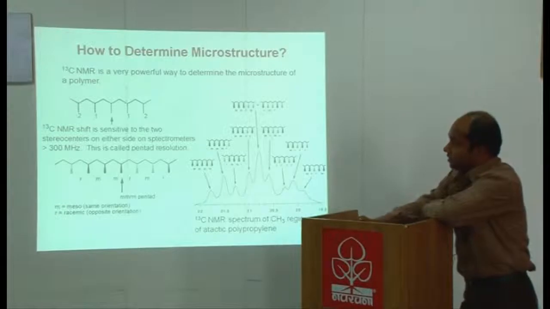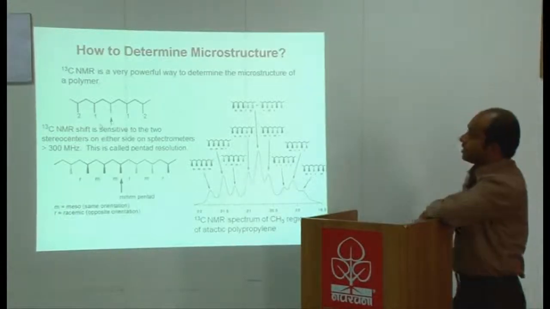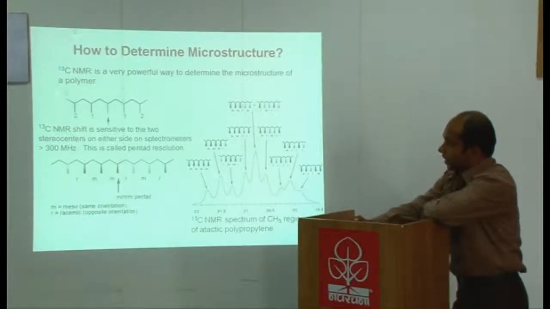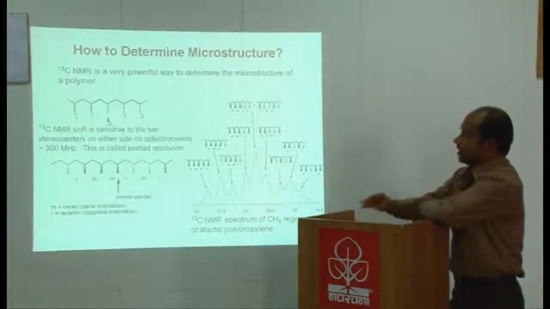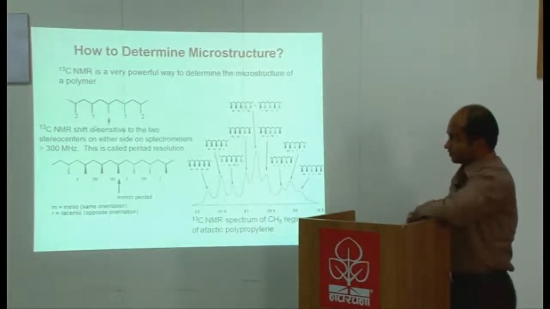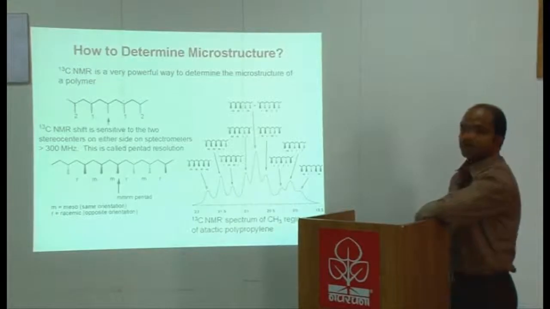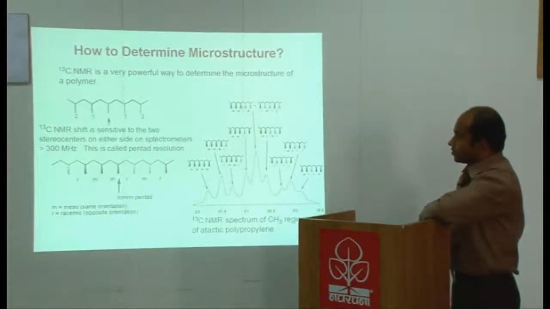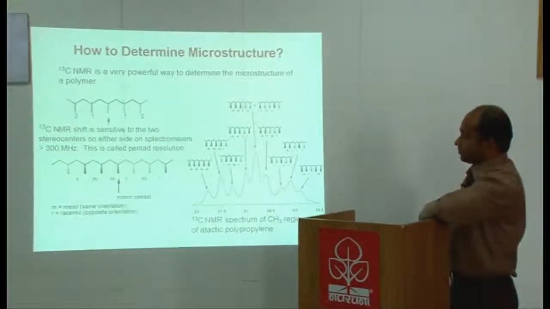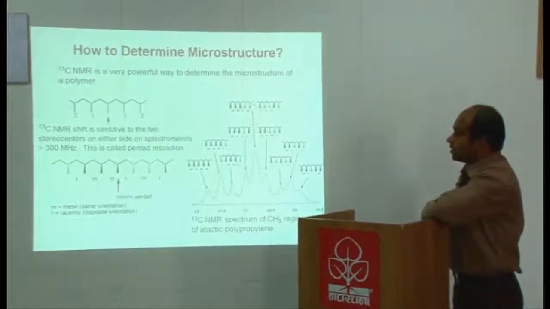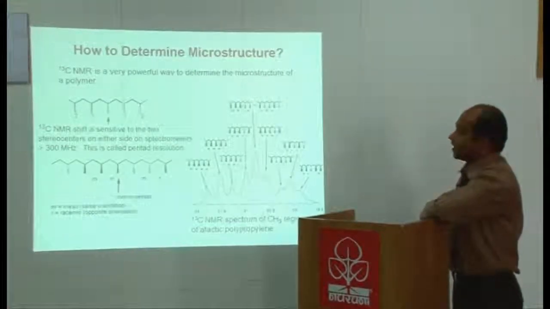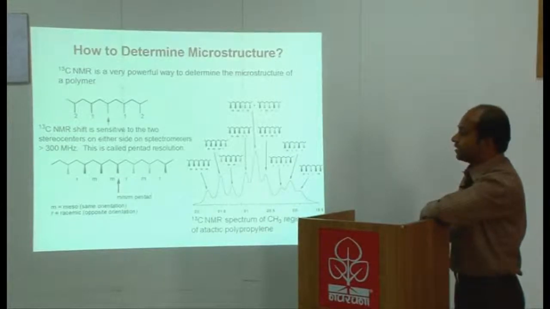Here the carbon 13 NMR shift of this particular carbon is highly sensitive to the stereocenters on either side. This type of resolution, which can be precisely determined at greater than 300 megahertz, is known as a pentad resolution.